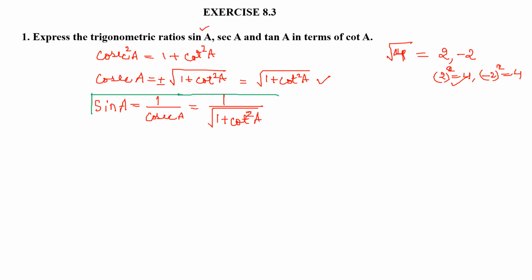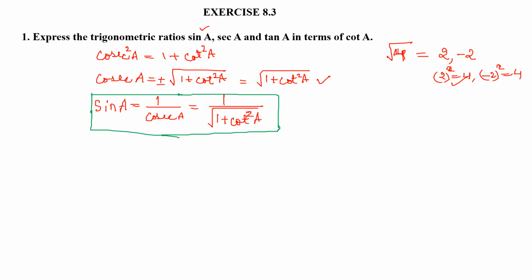Now slowly I will move to sec A also. For sec A, what is the identity? If we try to remember, we know that sec square A is equal to 1 plus tan square A, isn't it? We have seen it just now, right?